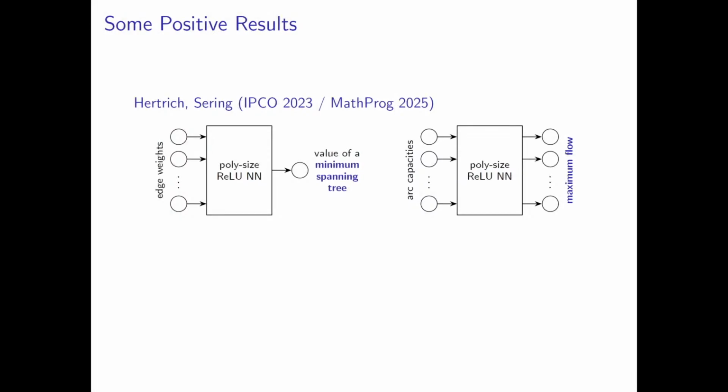So if we want to analyze which problems we can solve in polynomial size neural networks, this is kind of the same question as asking, are there familiar problems of which I already know they can be solved maybe in polynomial time in other models of complexity, and pull them to neural networks somehow? So here are a bunch of positive results.